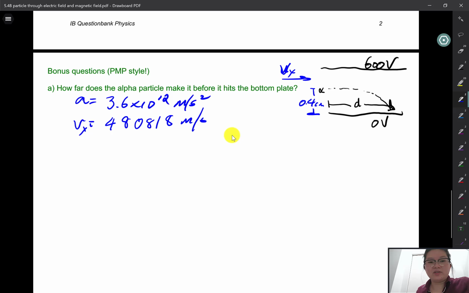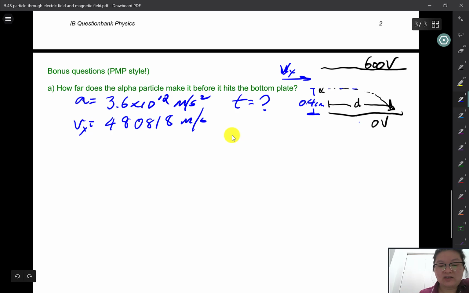I've also included some decimal places there, so hopefully it won't be too much. And what else do we need to know? We're not going to use the time it takes to go through to the other side of the plate, because it doesn't make it. So we need to find the time it takes for it to land. We need to know the t value.